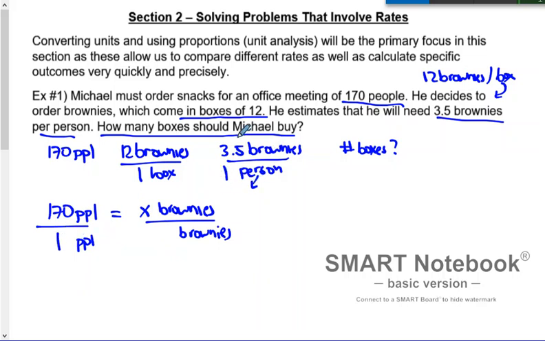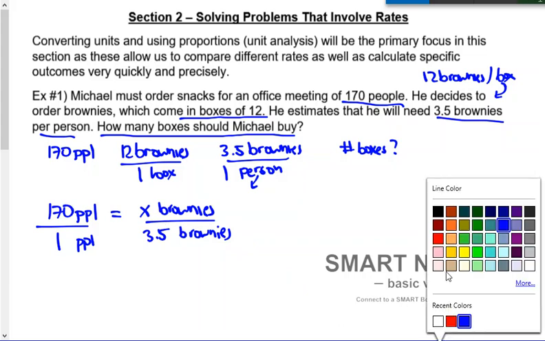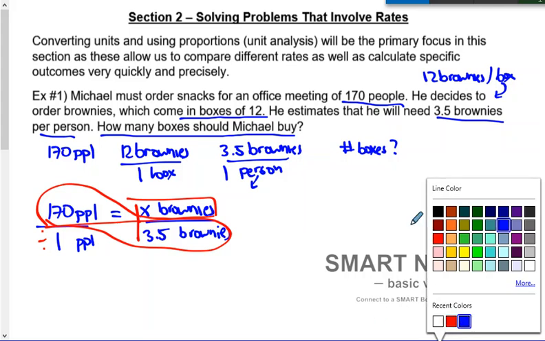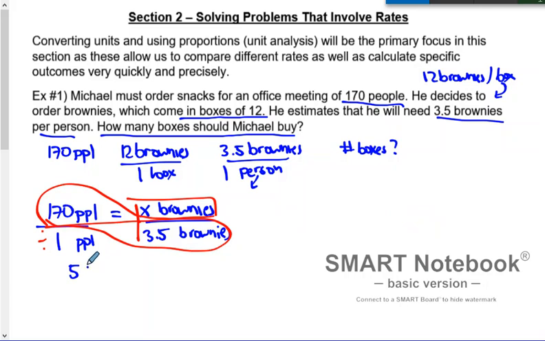So one person is going to be eating 3.5 brownies. Okay, so looking for this one, I will divide this across from it and multiply these two. So 170 times 3.5 divided by 1. And in your calculator, type that in, we get 595 brownies.